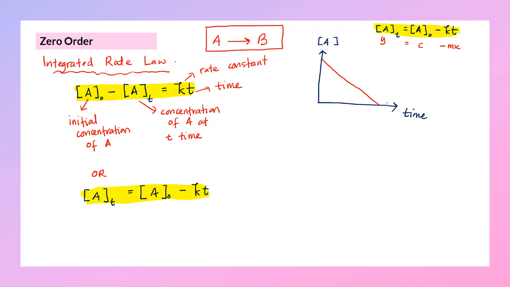From the graph you can determine the gradient or slope, which equals negative k. But the value of k, the rate constant, cannot be negative. From the graph you will get a negative gradient.